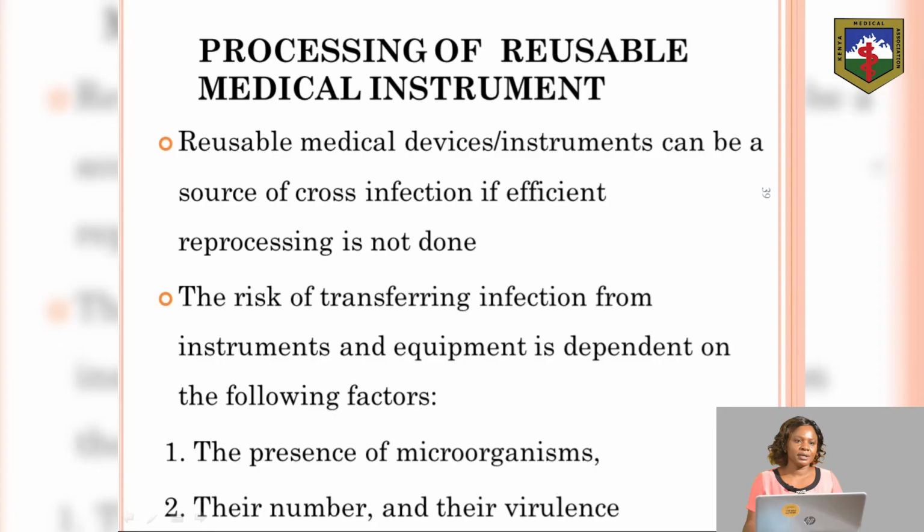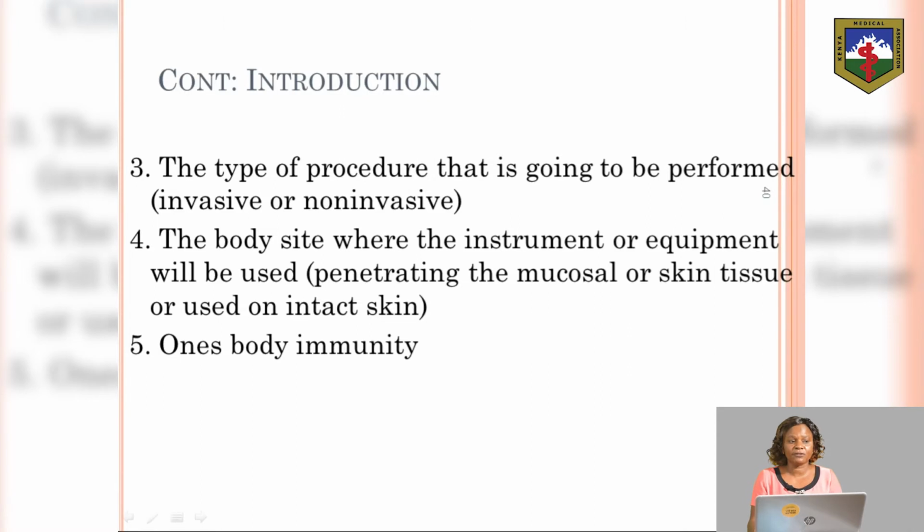Just in brief, I want to talk about processing of reusable medical instruments. We are saying that reusable medical devices or instruments can be a source of infection if they are not reprocessed well. So the risk of transferring infection from used instruments depends on the presence of the microorganism, the number and the virulence of the microorganism, and the type of procedure being performed.